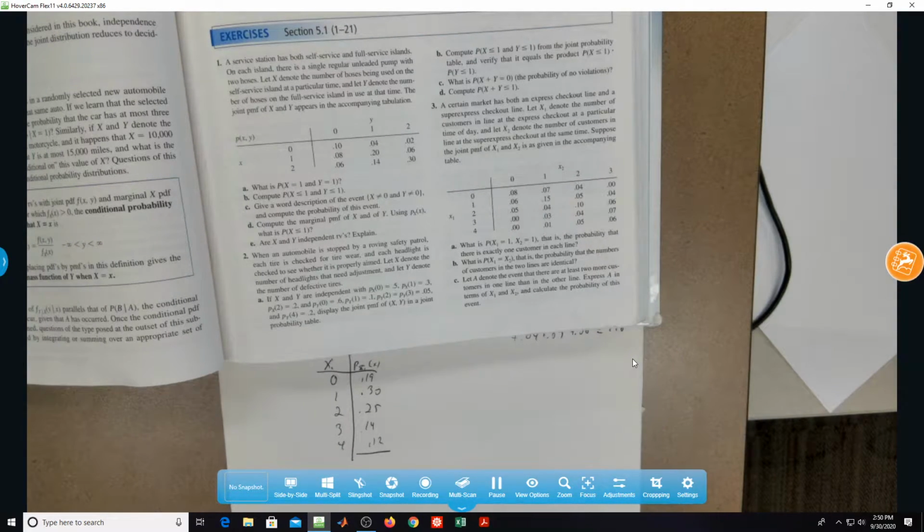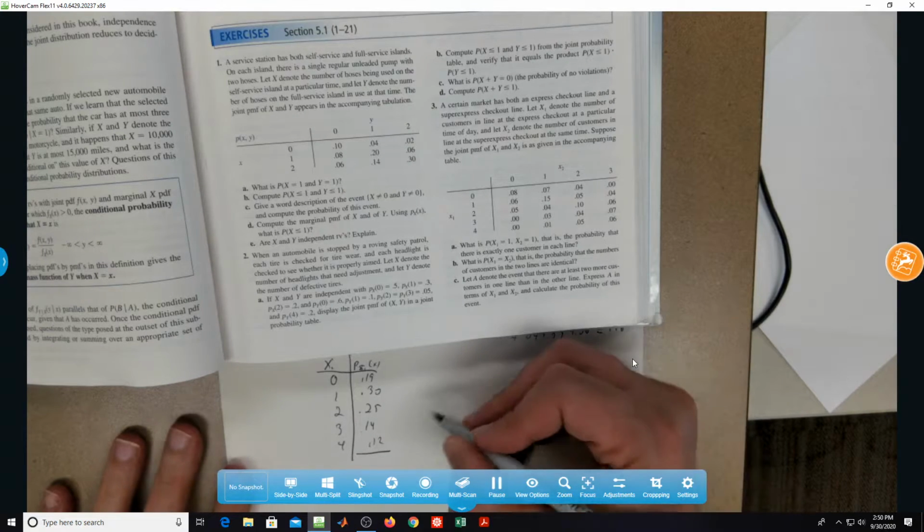Now it asks for us to find what the expected value would be.